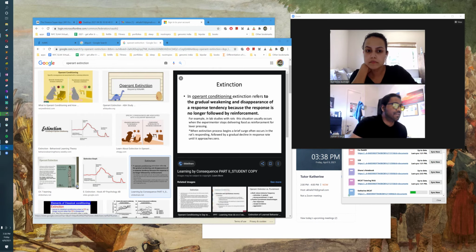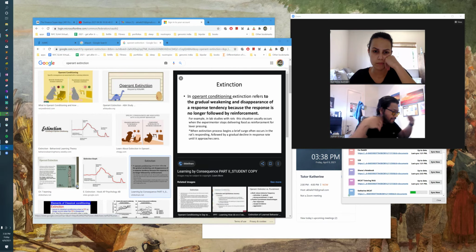Stimulus generalization is more something you would want, because you want the rabbit to be able to have multiple stimuli coming in, generalize them, and still do the task that you teach the rabbit.